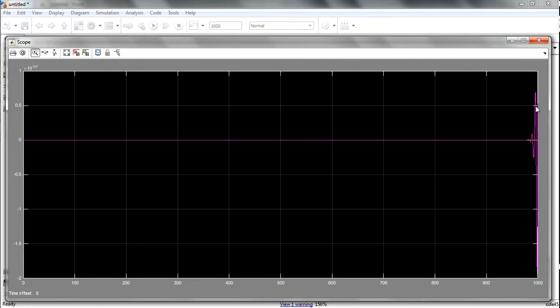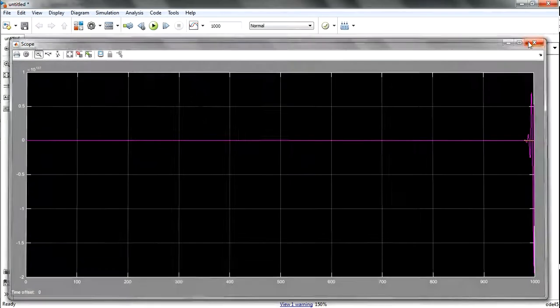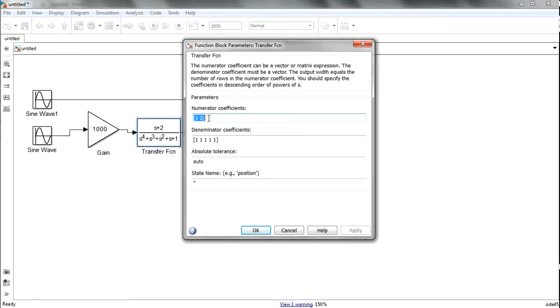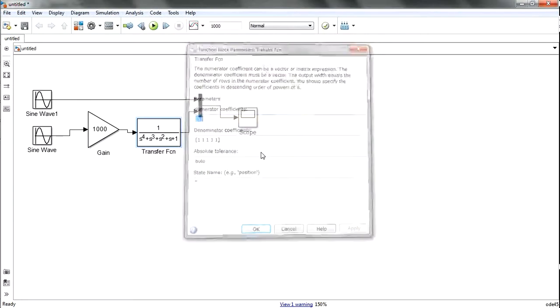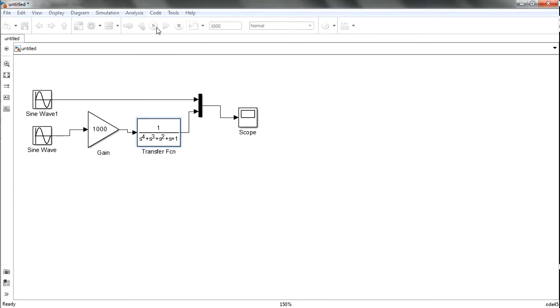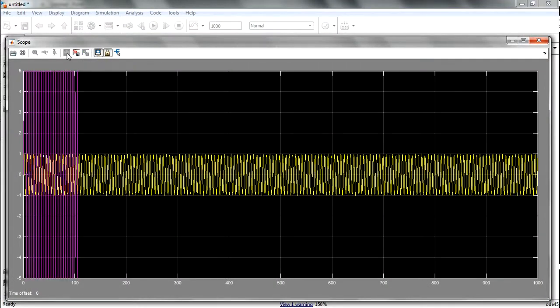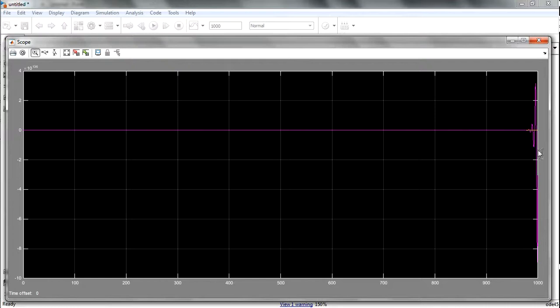It is not ascending in the same order. Comparatively, if I set it to 1 and we have fourth order, as you can see, this is also the same thing.